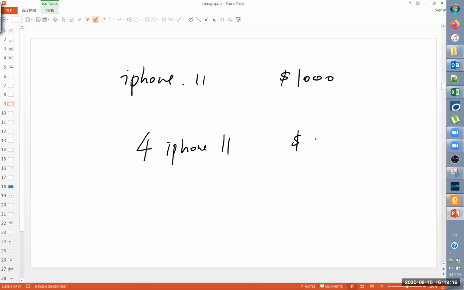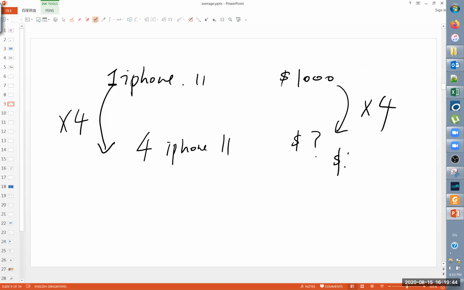So you just ask yourself, this is one iPhone. Now you want to buy four, so the number of iPhones you want to buy increases by 4 times. Does it make sense? Your money also needs to times 4. So how much for 4 iPhones? 4,000.